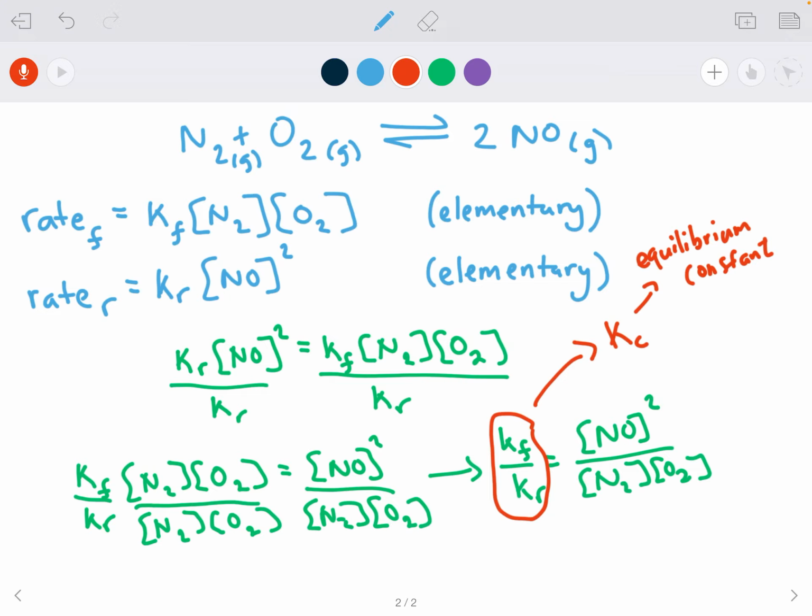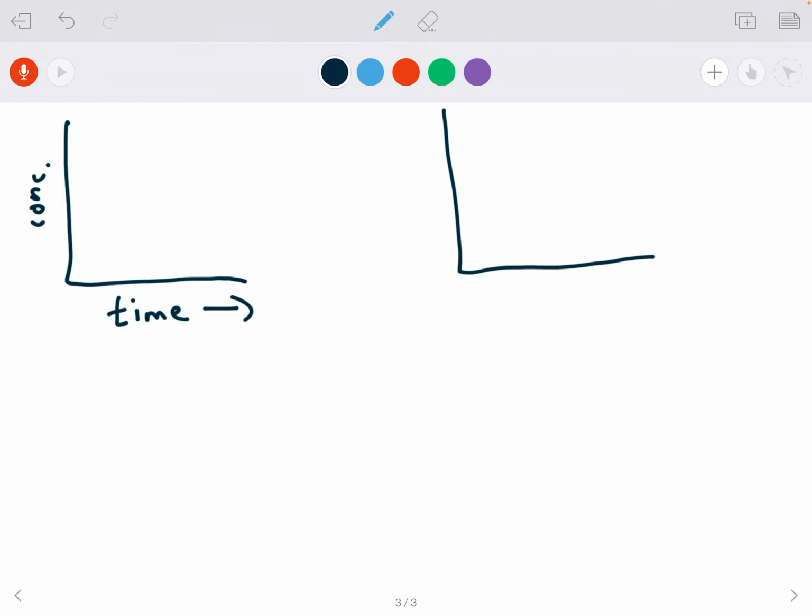Now I'm going to do a graph here on the next slide. The first graph will be concentration and time. And graph 2 will be time and rate.